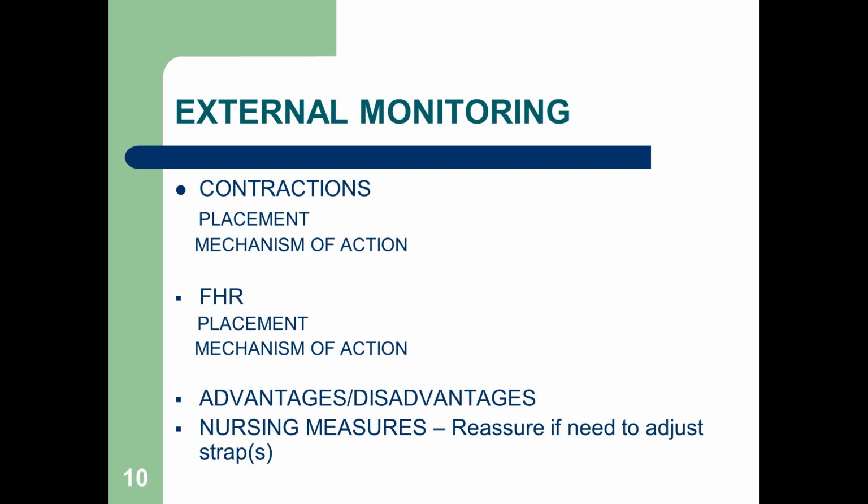It's certainly not as reliable as an internal monitor, but it's certainly more comfortable. A disadvantage is the quality of tracings may not be as accurate, if you will, as an internal, and certainly you can't measure the intensity of the contraction using an external monitor, okay?